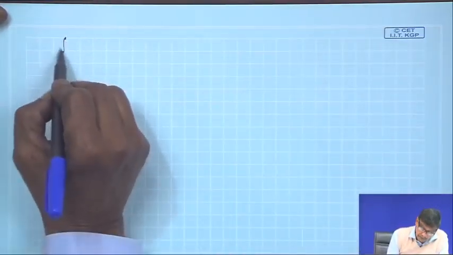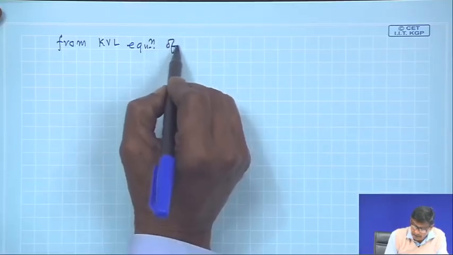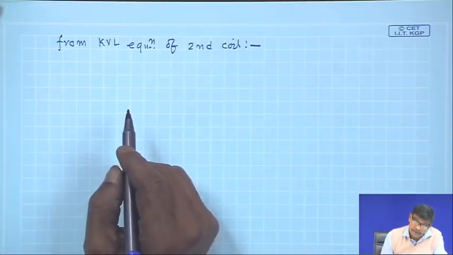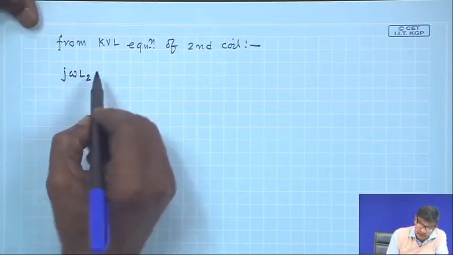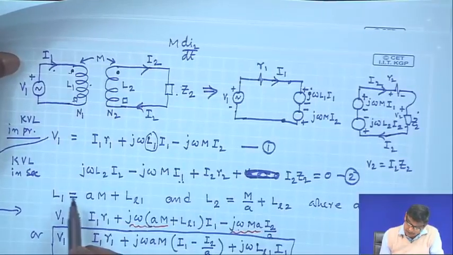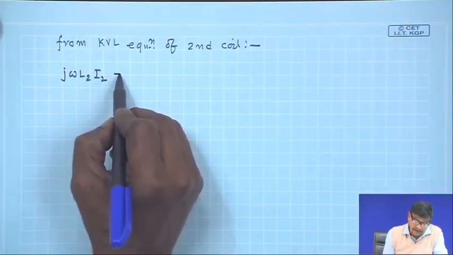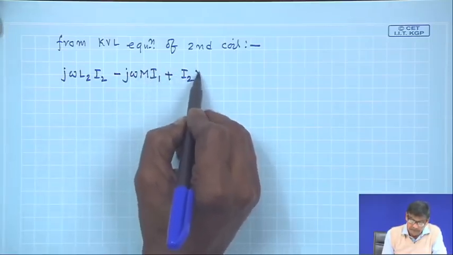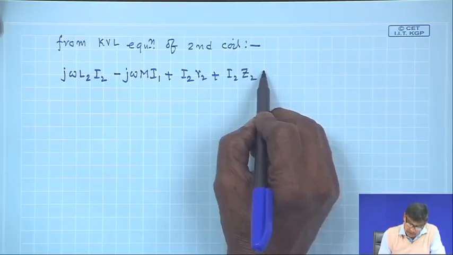From the KVL equation of the second coil, we have j omega L 2 I 2 minus j omega M I 1, hopefully I have written the polarities correctly, plus I 2 Z 2 is equal to 0. I wrote this equation on the previous page, and I am now taking it.